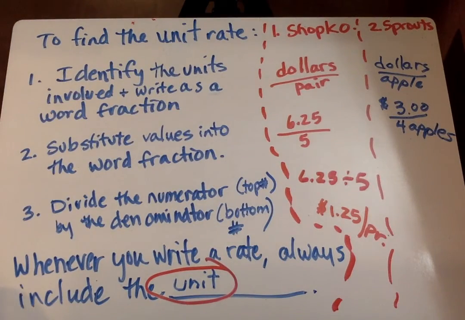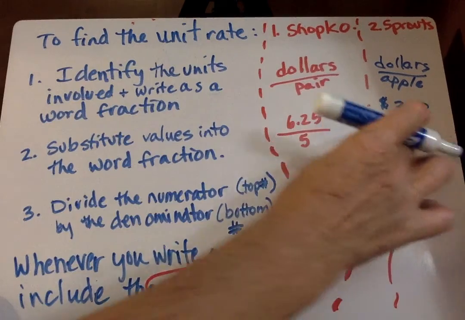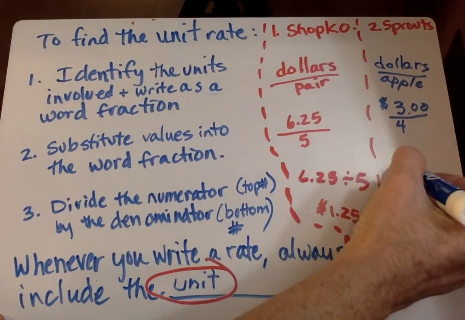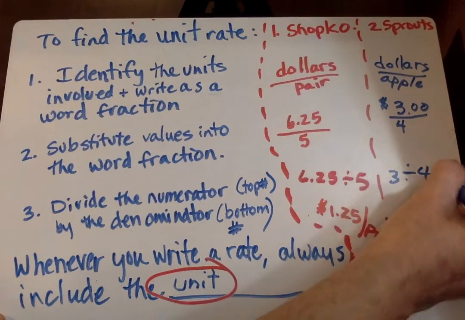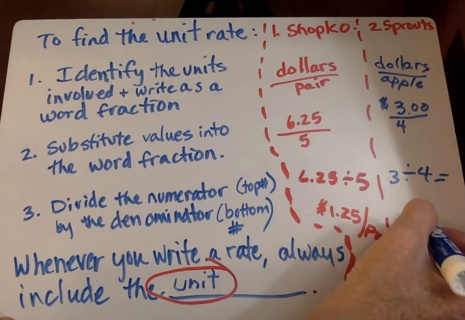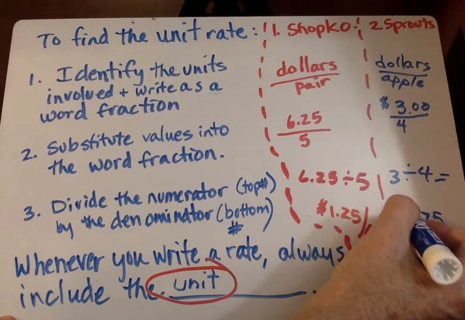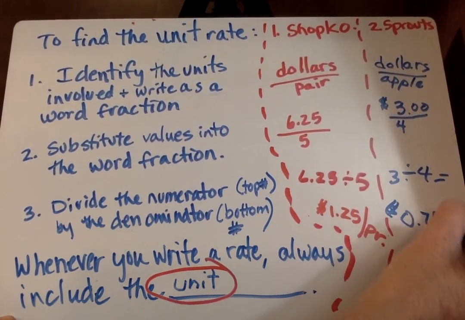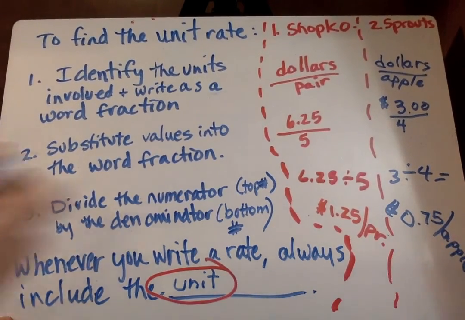Oh, I guess I didn't need to write that down right there. Then I do my 3 divided by 4. And what does that equal? 0.75. So it's 75 cents. We don't forget our units: per apple. Hopefully you can see that okay.